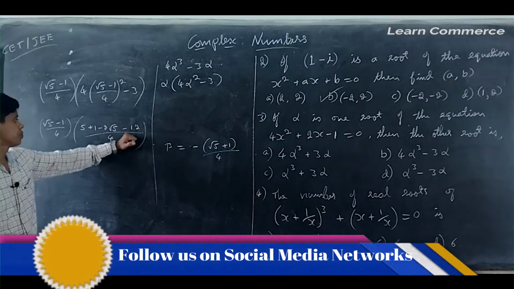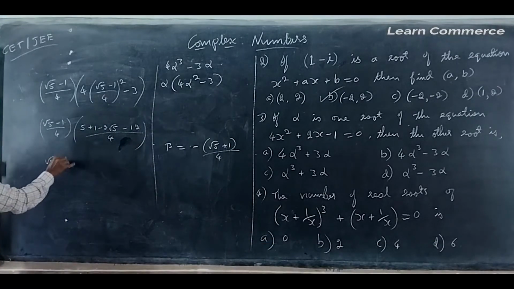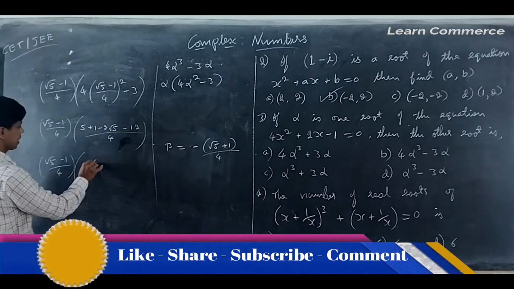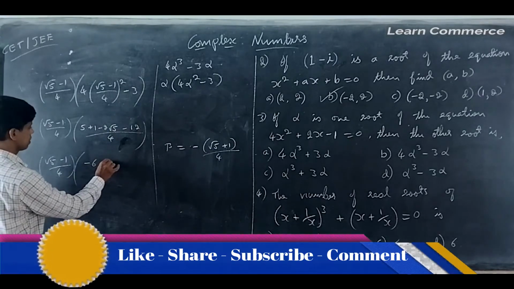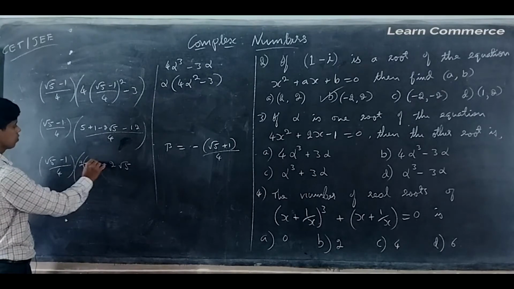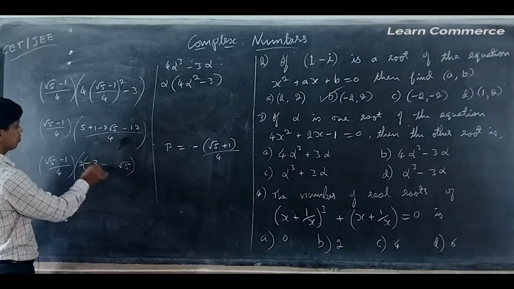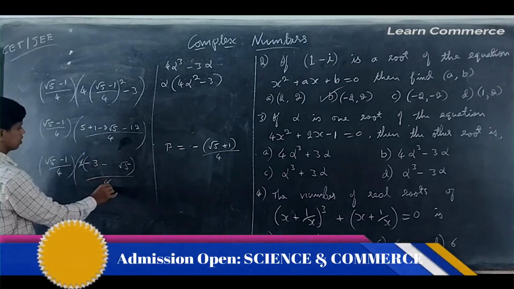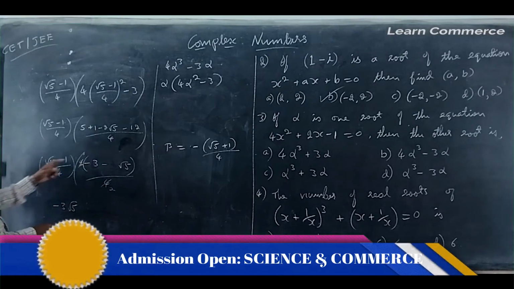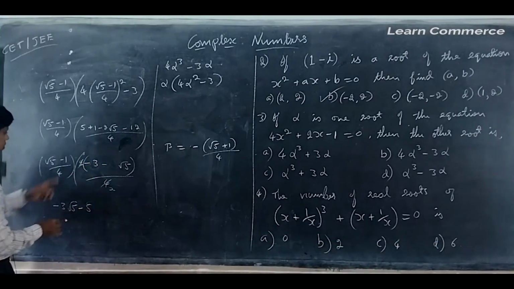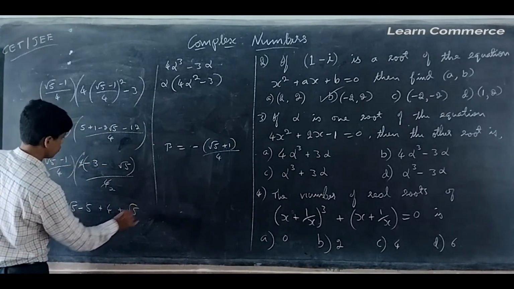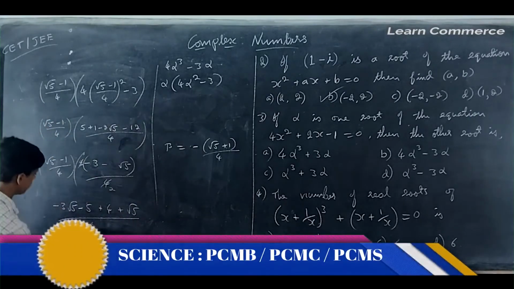Okay, so now root 5 minus 1 divided by 4. So 6 minus 12 is minus 6, yes, and this is minus 2 root 5. If you take 2 common, this will be minus 3 and minus root 5 divided by 4. So 2 ones are 2s are correct. Now let me multiply this. Minus 3 root 5 and minus 5 and then plus 4, yes, and then plus root 5 divided by 2 4s are 8.